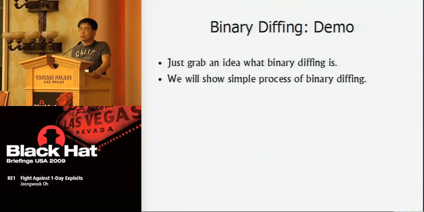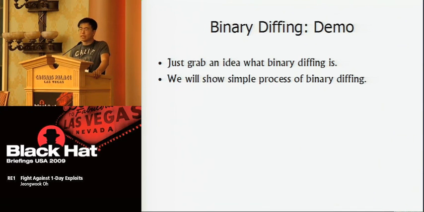So this talk is about making one-day exploits more difficult, making it take more days, like 1 week or 2 weeks, to analyze the patches, so that end users have time to install patches.